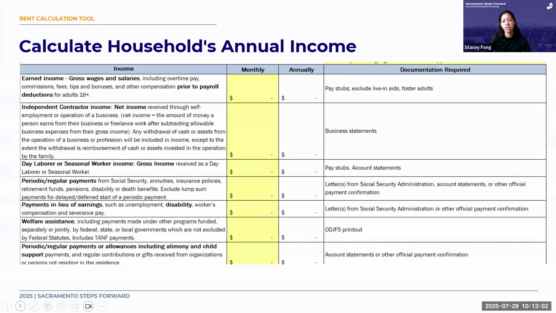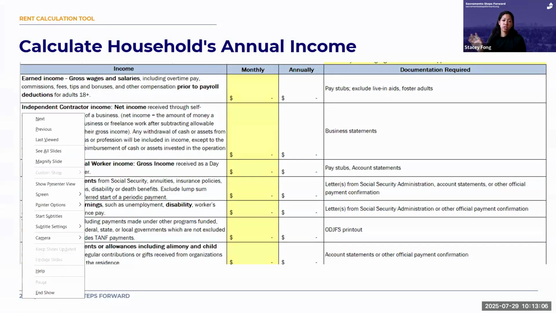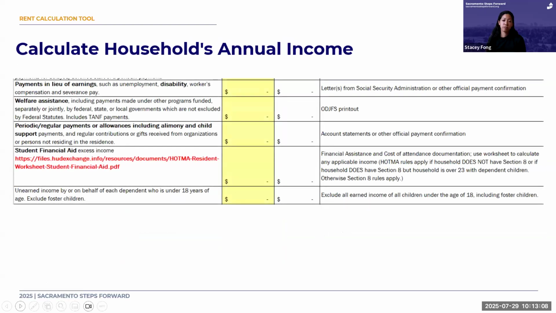And then next slide, please. So this is just a continuation of the income section of you inputting the amounts for your participant. As you can see, we also updated some sections in red. For example, the student financial aid. We've linked a current worksheet that you can use to calculate student aid amounts.